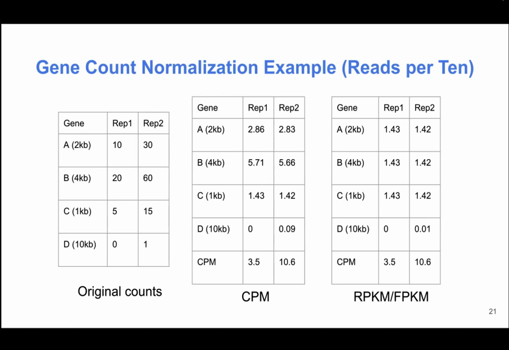And in this case, we can see that even though we had significantly more reads for gene 2 in replicate 1, we're actually looking at the same proportion of counts once we've normalized for library counts and gene length in each of these samples. And we'll repeat this process again with replicate 2 with our scaling factor of 10.6 and then dividing by those same gene lengths.